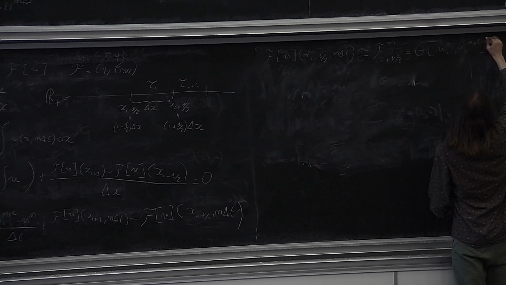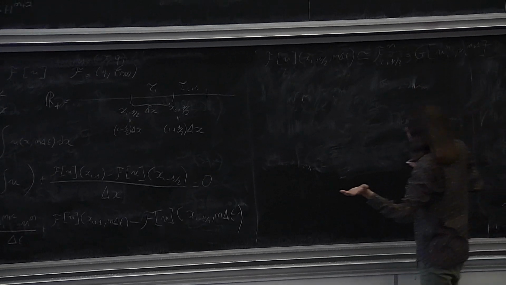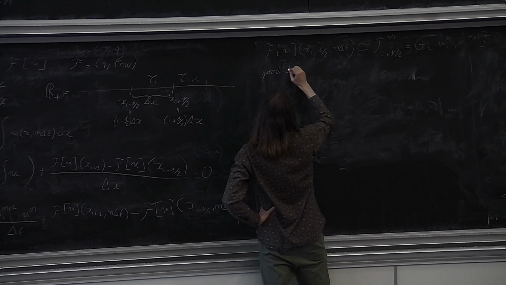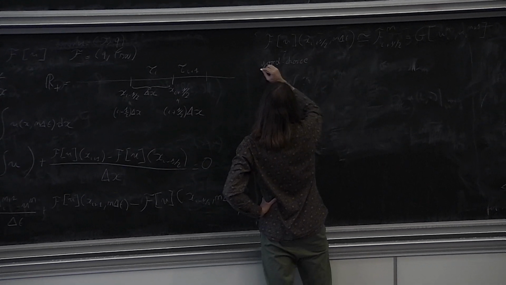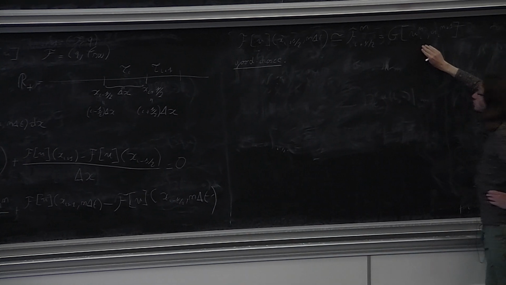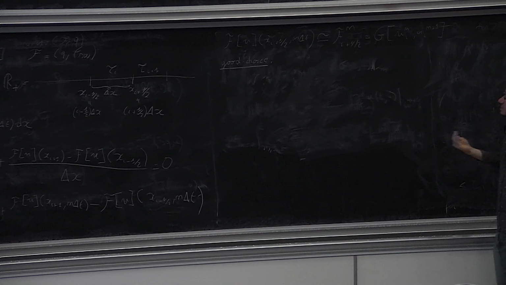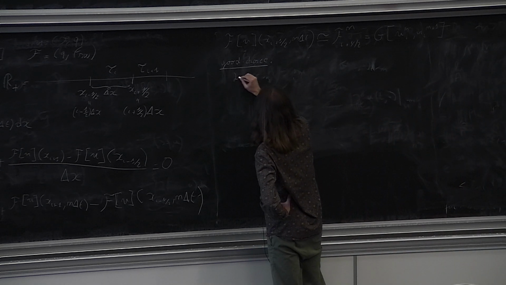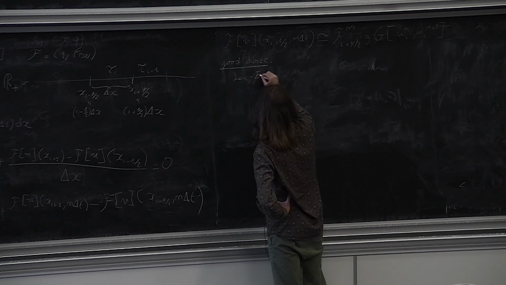There are several ways to choose J. For example, a good choice of J is a choice such that the scheme will be stable at the end. For example, at first order scheme, you can take Lax-Friedrichs.